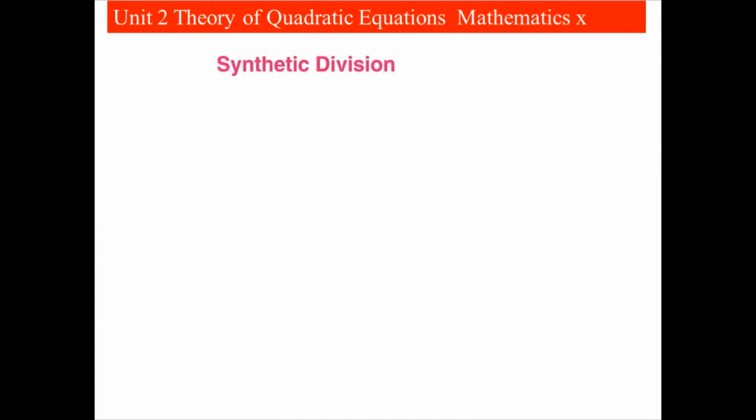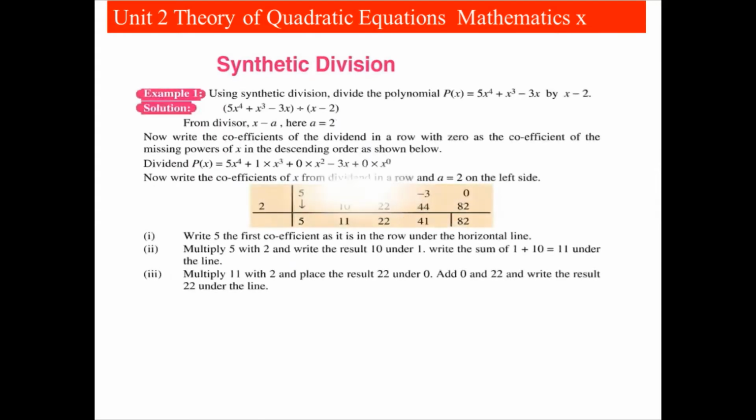How can we describe synthetic division? To describe the method of synthetic division, we use example one. Use synthetic division to divide the polynomial p of x, which is equal to 5x^4 plus x^3 minus 3x, by x minus 2.